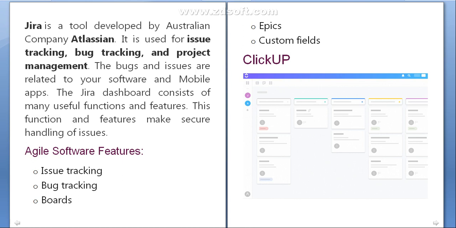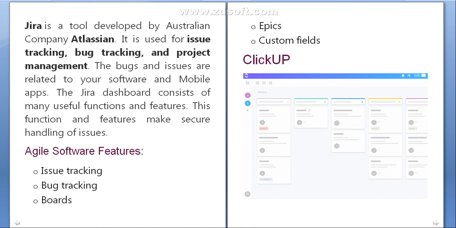So when you adopt the agile methodology and your team is scattered, geographically apart from each other, at that time you can use this type of tool, which is available online. It is used for issue tracking, bug tracking and project management. The bugs and issues are related to your software, and also to your mobile app.